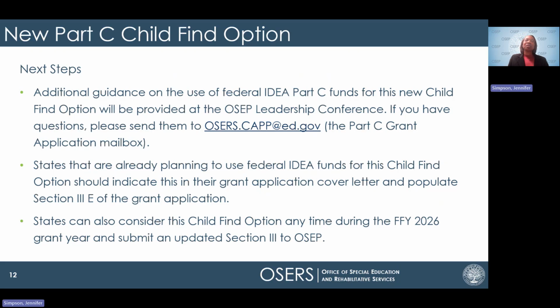Additional information will be shared with guidance documents from OSEP and also at the OSEP Leadership Conference. If you have any questions about child find, you can send those questions in to the same email address where you will send your application materials.